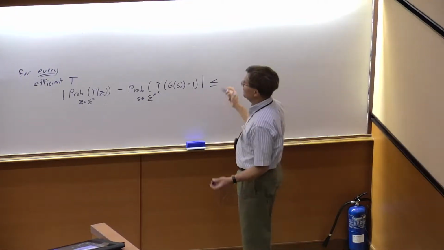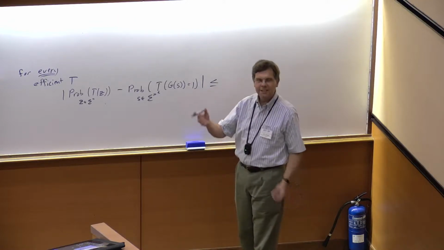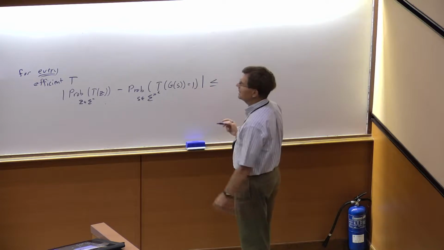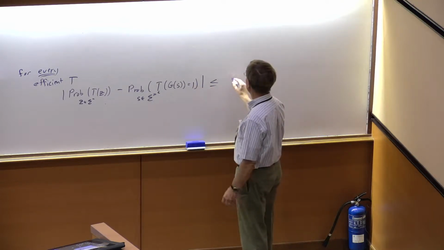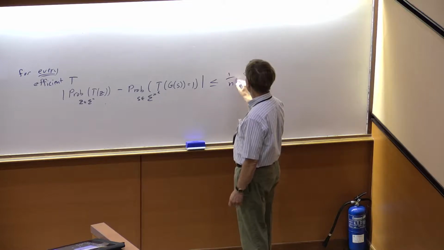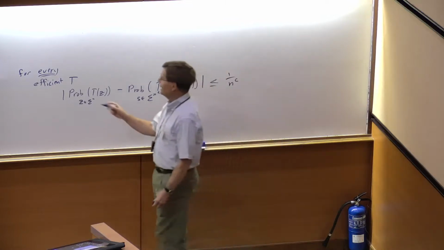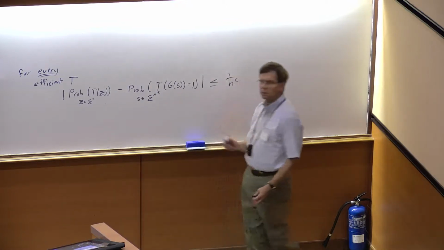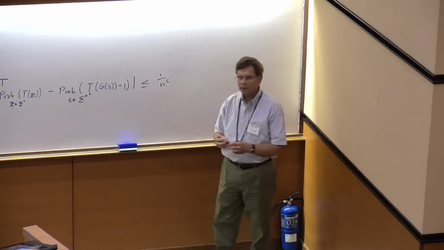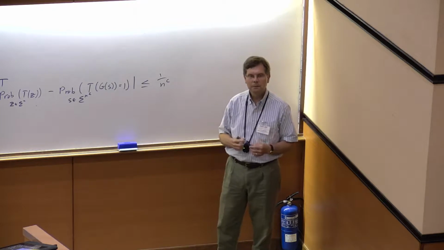And in different settings, small is going to be something different. But since I'm using a seed size of n to the epsilon, let's say it's less than 1 over n to the c asymptotically for every choice of c. So polynomially close.